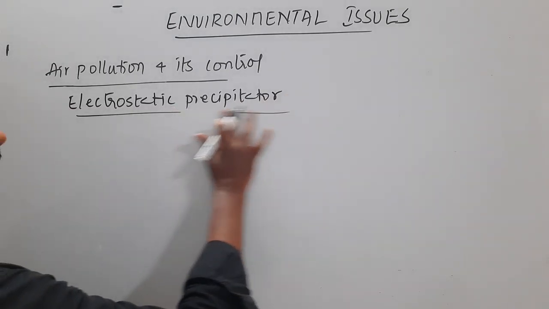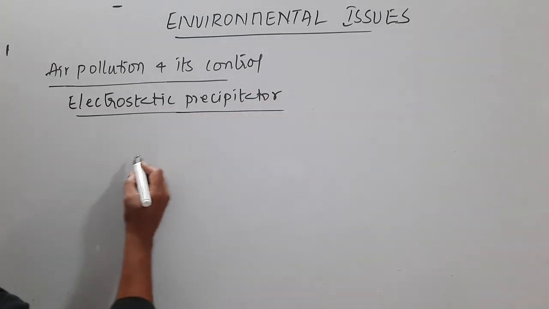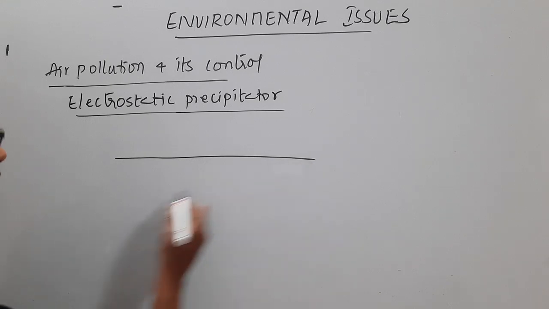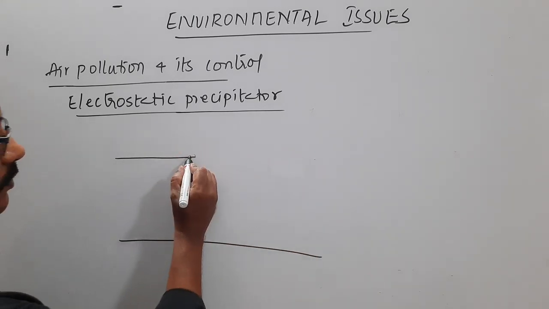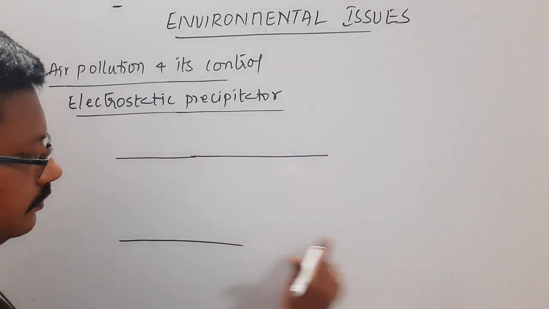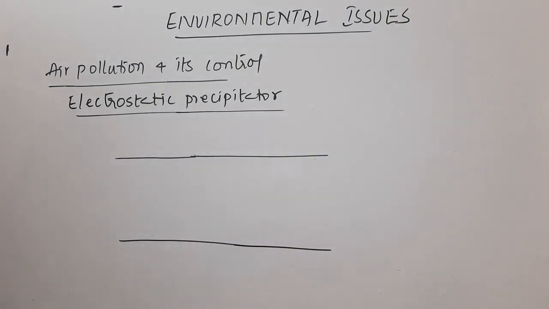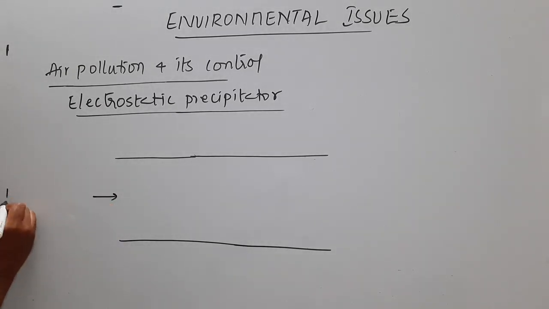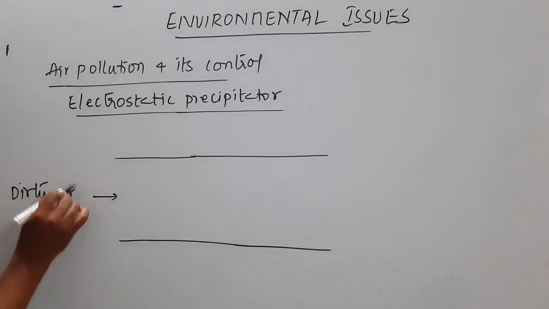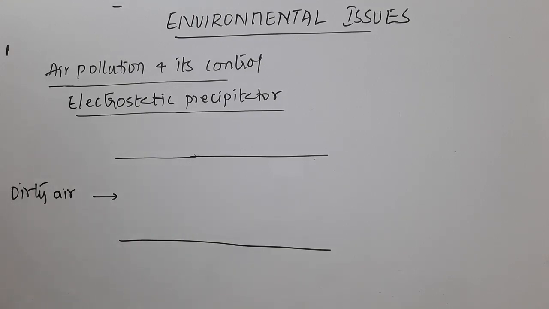In this case, the air that consists of dirt is allowed to pass through a channel. Here is the passing of dirty air that consists of particulate matter.